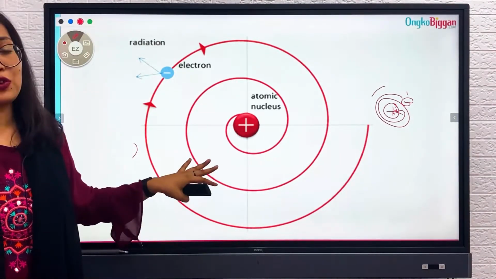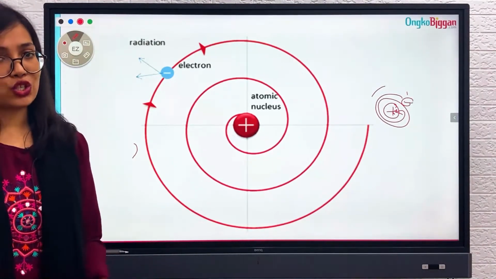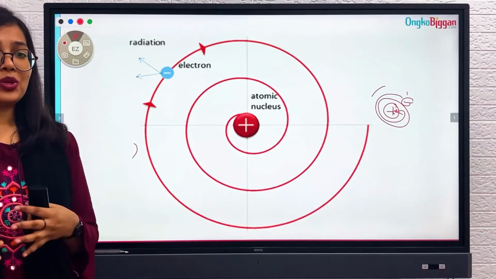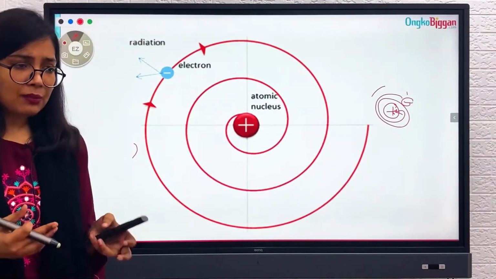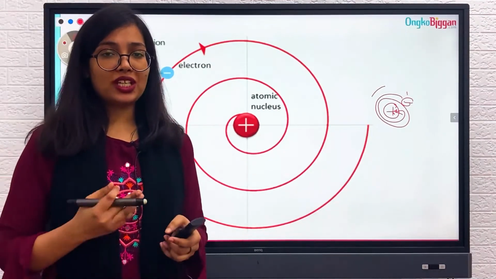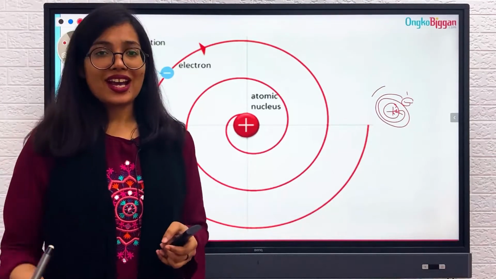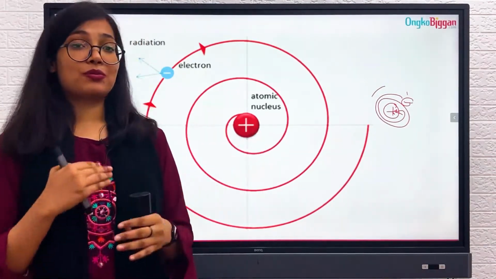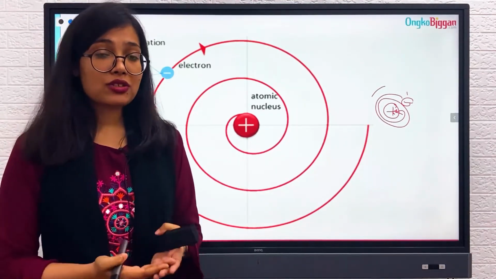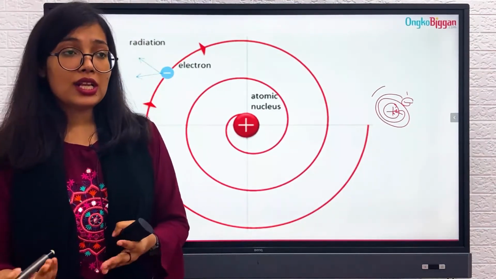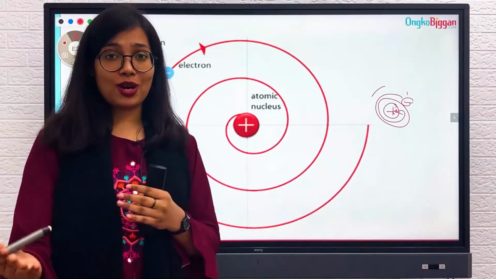So these were the limitations Rutherford's model had. I'm not saying this is a perfect model, but he was the first person to do it, so he was a great scientist. But then this model was modified. After some years, Bohr, another scientist, came with another model, a better version of this model. We're going to talk about it later.